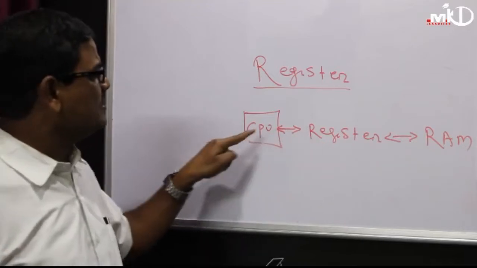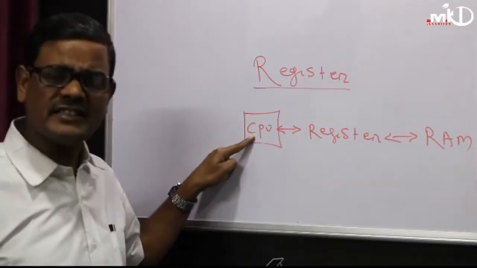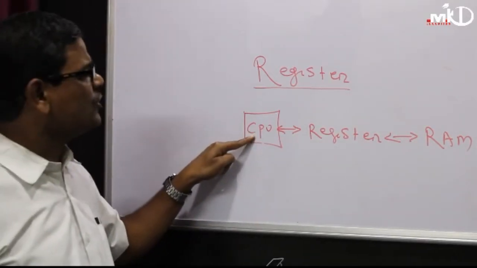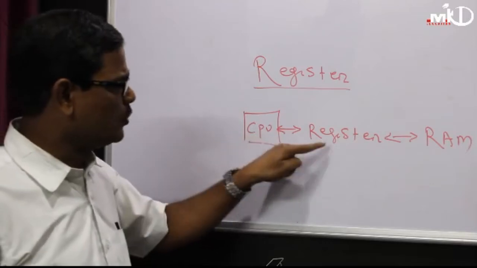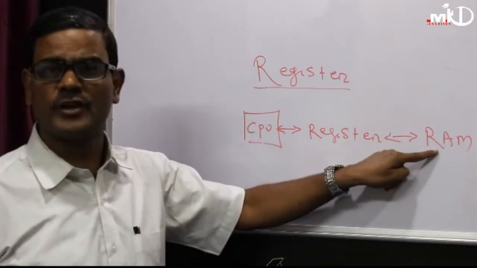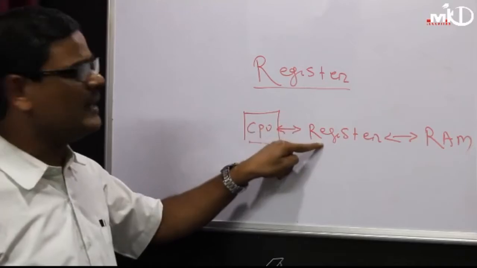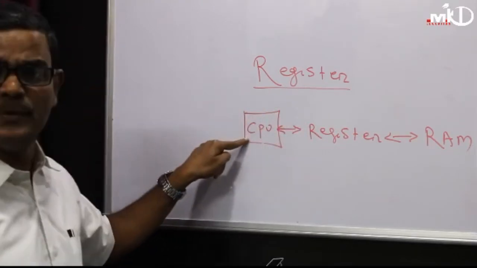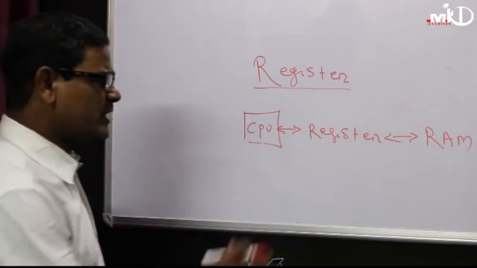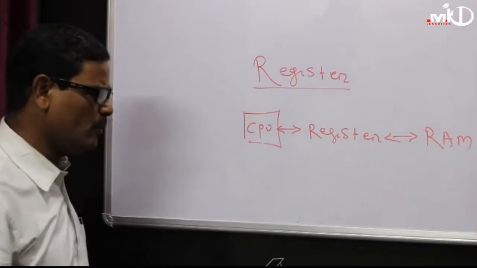Because the CPU works very fast, as per the requirement of the CPU, it will retrieve data from the RAM and store it in the register. Different types of registers are available.